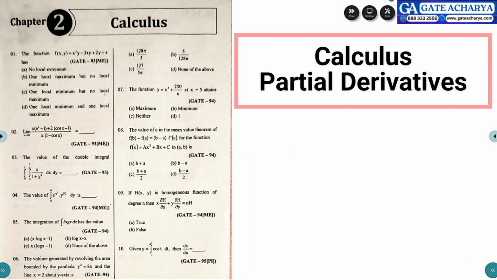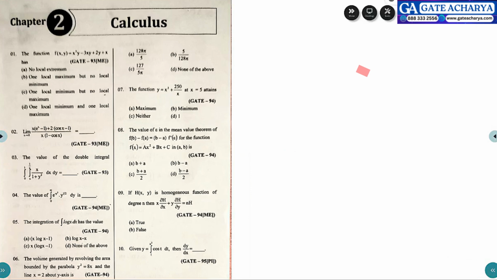So write down partial derivatives. Now guys, what is the definition of a normal derivative? Do you remember? Don't write it down. Let me remind you. What is the normal definition of derivative? dy by dx was what?